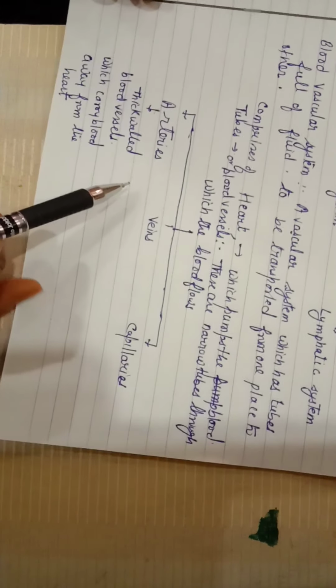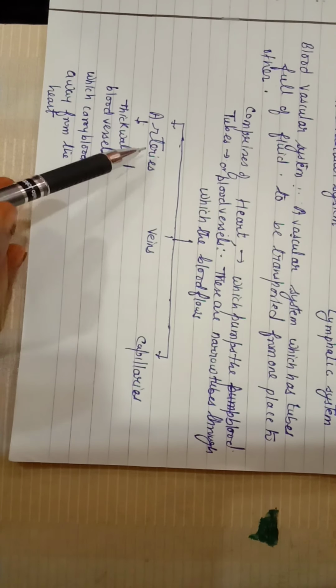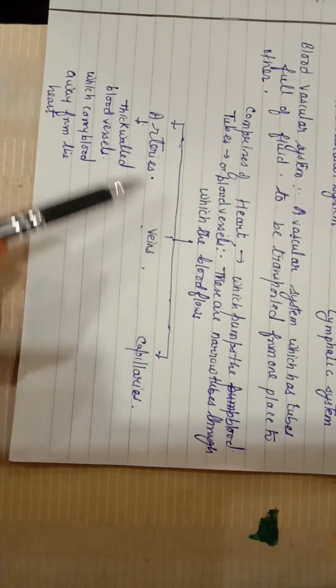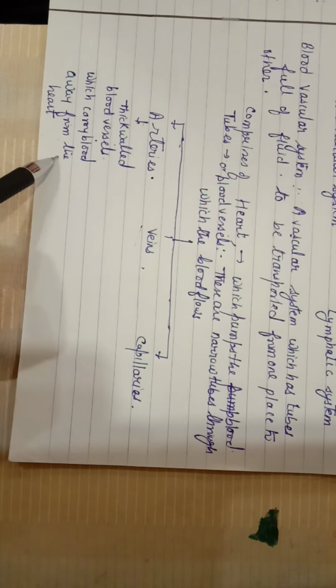So there are three types of blood vessels present in humans: the first one is arteries, the second one is veins, and the third one is capillaries. Arteries are thick-walled blood vessels which carry blood away from the heart.